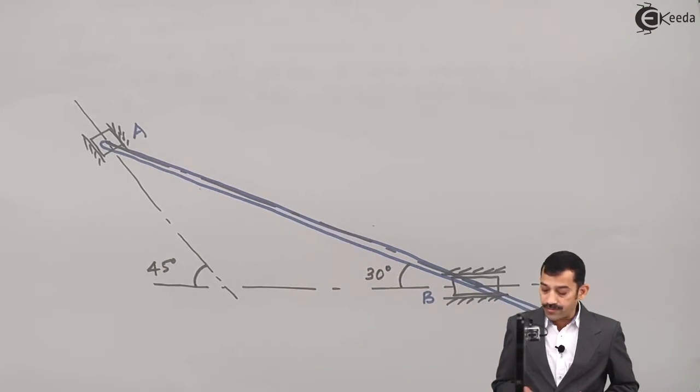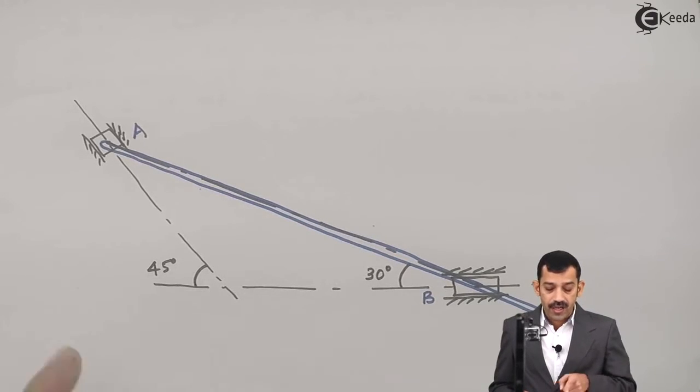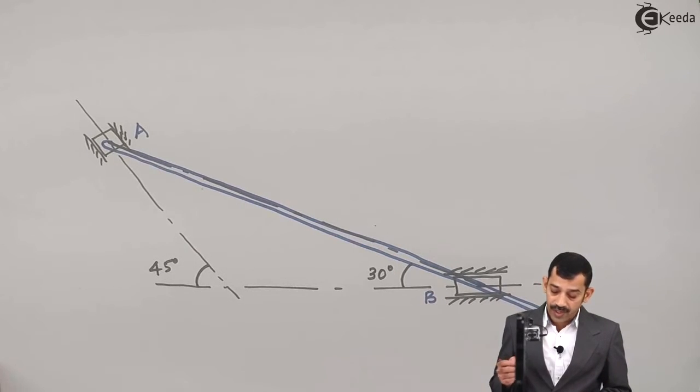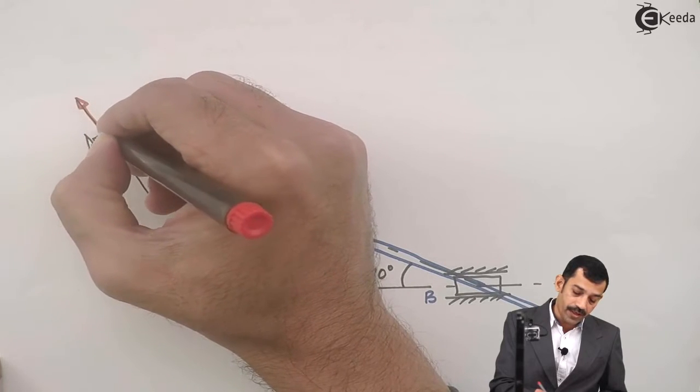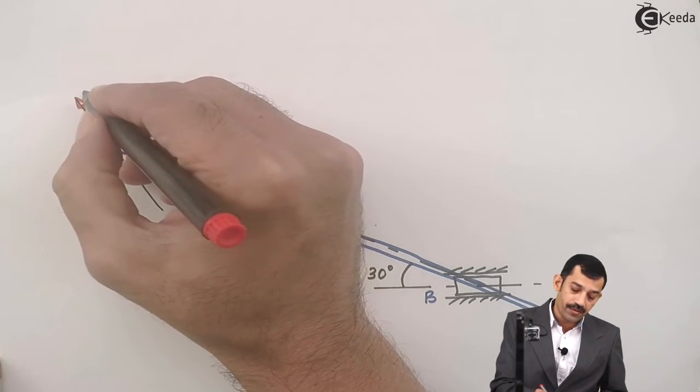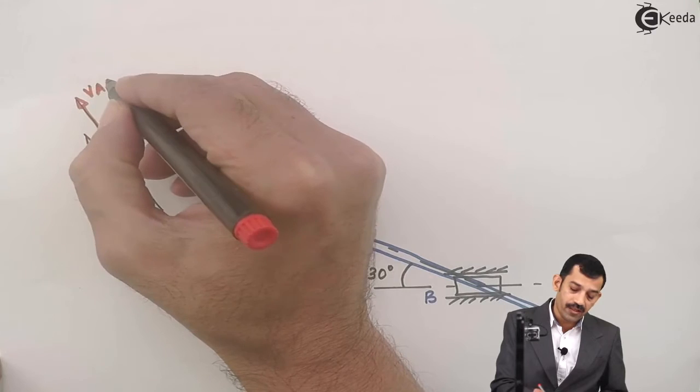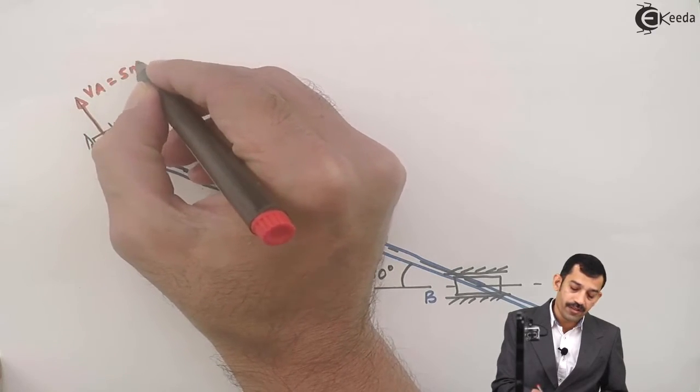What is given in the problem? The linear velocity of point A, the velocity of slider A, is in the upward direction along its path, and the magnitude is 5 meters per second. That means I'll represent this as the direction of velocity of point A, end A of the rod, 5 meters per second.